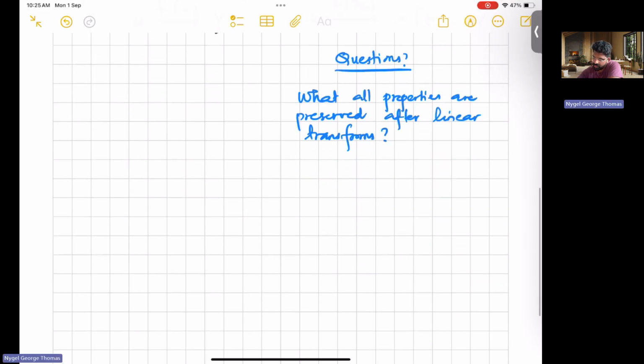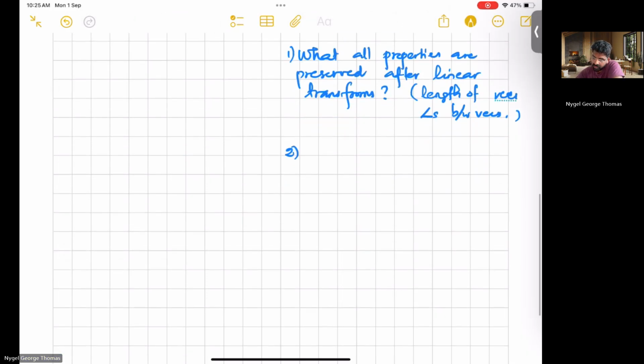By properties, I mean things like length of vectors, or angles between vectors. Are such things preserved? That is one thing to ask. Another question is, if they're varying, how are they varying?